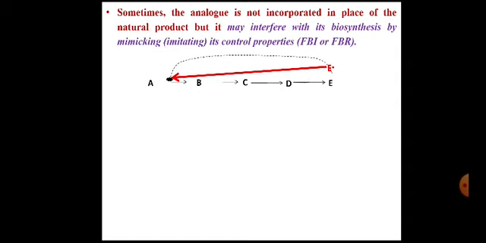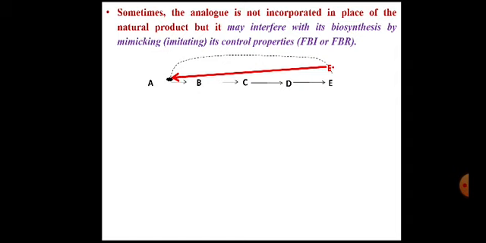What is the difference between inhibition by E and inhibition by E star? Inhibition by E, the natural amino acid or natural control metabolite, will go and inhibit or repress the first enzyme, but this inhibition or repression is reversible.